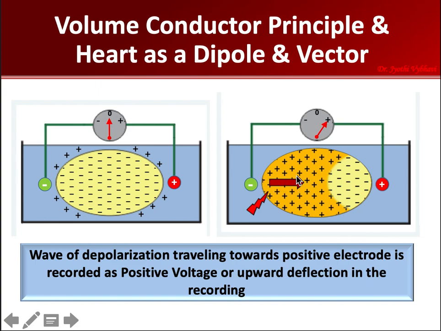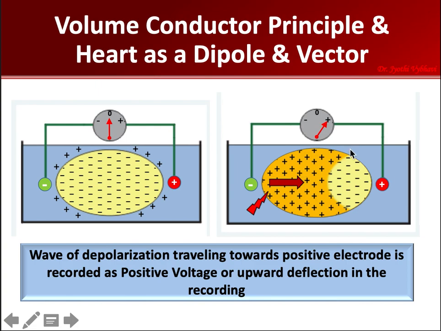Because it has a direction, the depolarization is going towards this. The pointer is pointed towards the direction of the depolarization, and the length of this vector depends on the magnitude, the voltage of the potential. If there is more positivity, more depolarization, then the length of the vector increases. Less positivity, less magnitude, less depolarization, then it is a smaller vector.